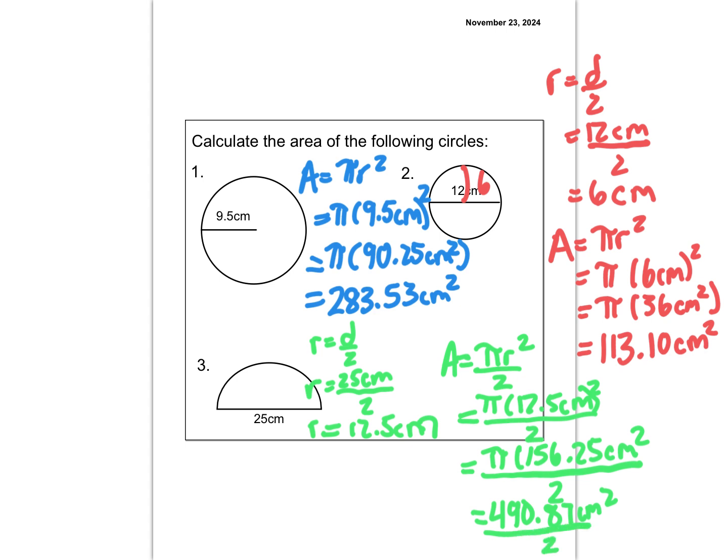And when I do divide that by 2, I end up with 245.44 centimeters squared. The most important thing with this activity and anything that we do is use your formulas, use your formulas, use your formulas. Be precise, take the time to write it out.